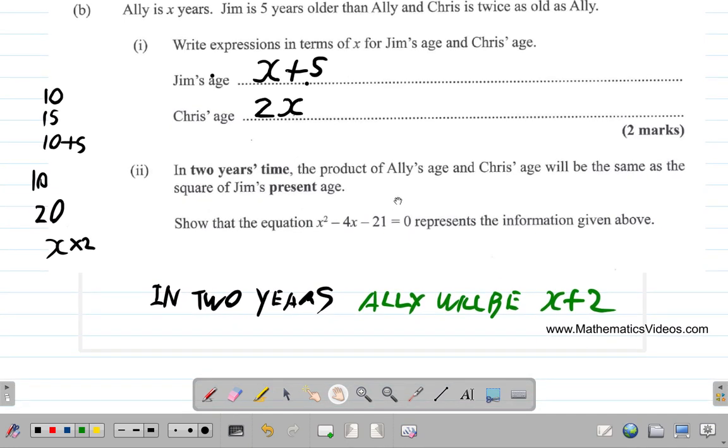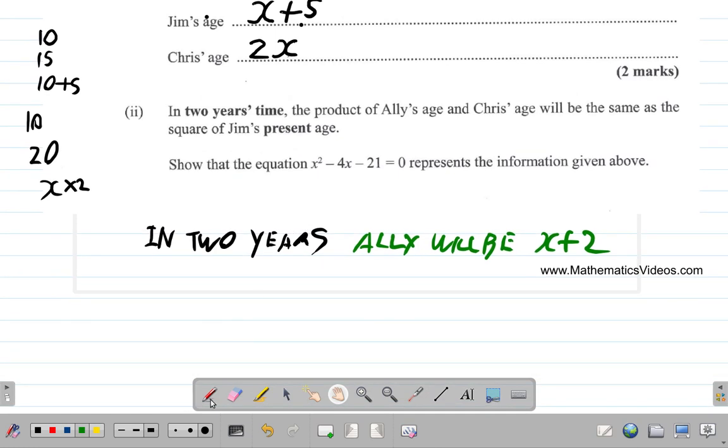And then, let me see now, Chris is going to be how much? Right now, Chris is 2X. So in 2 years' time, Chris is going to be 2x plus 2. You see?